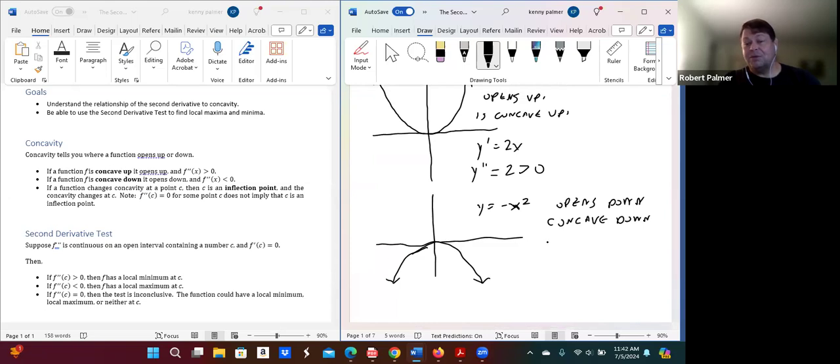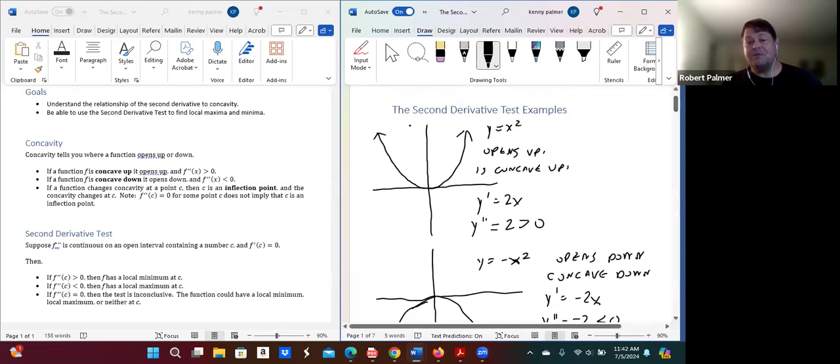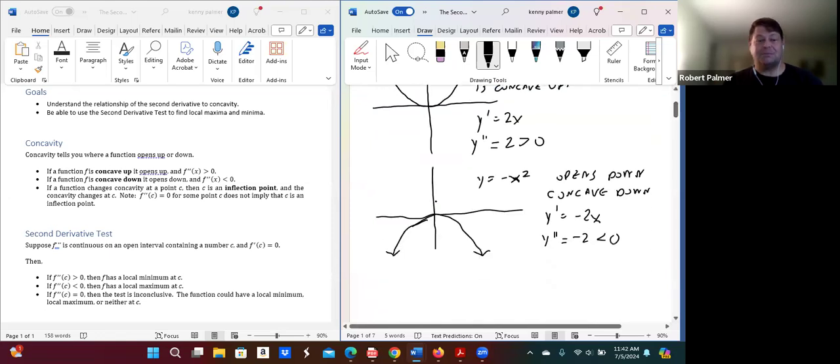The derivative is y prime equals negative 2x, and y double prime, the derivative of the first derivative, is just negative 2, which is negative everywhere. So if your second derivative is positive, the function opens up. If the second derivative is negative, it opens down.